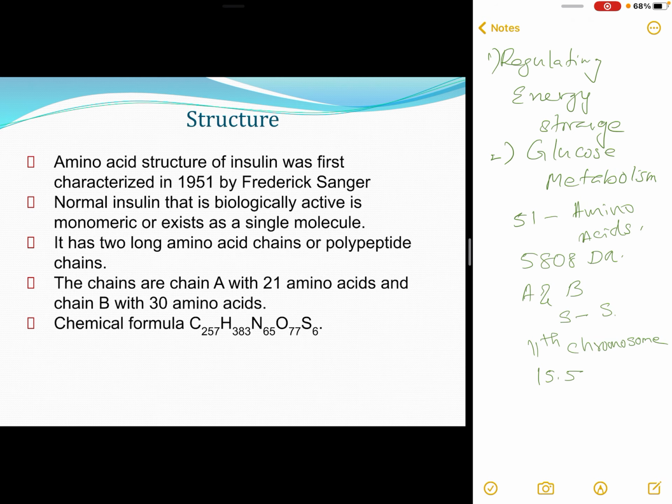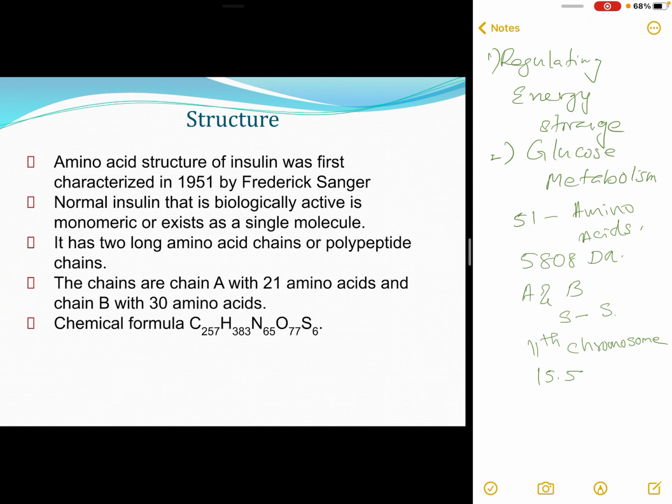As far as the structure of insulin is concerned, it was first characterized a long way back, about 70 years ago, in 1951 by Frederick Sanger. Normal insulin that is biologically active is monomeric, existing as a single molecule. As we have seen, it has two long amino acid chains, the A chain and B chain, or polypeptide chains.